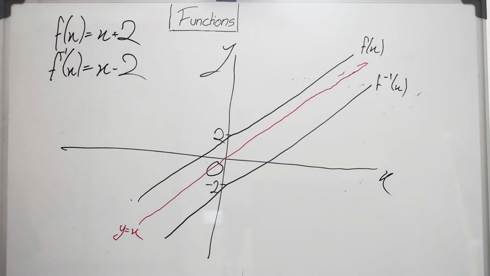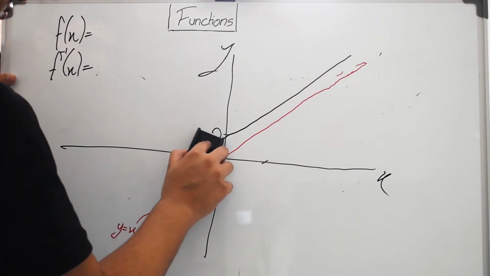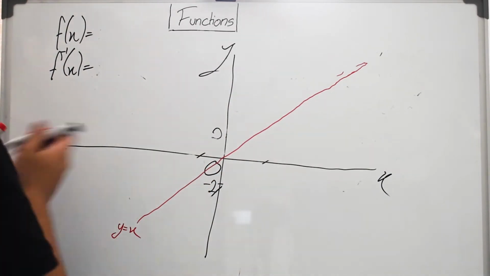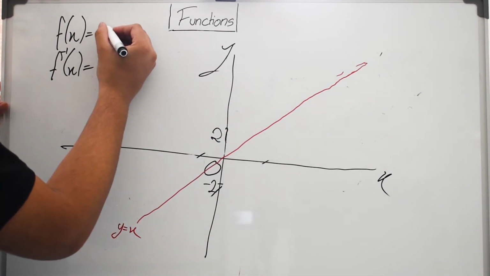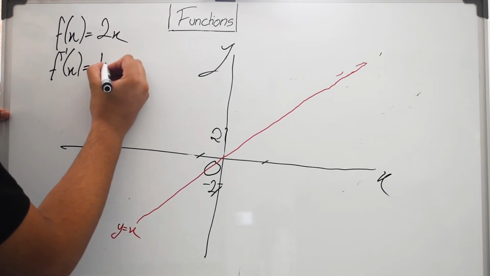Now let's test this same theory out on another graph. Let's erase this first. Let's say it's now 2x and the inverse would be half x.